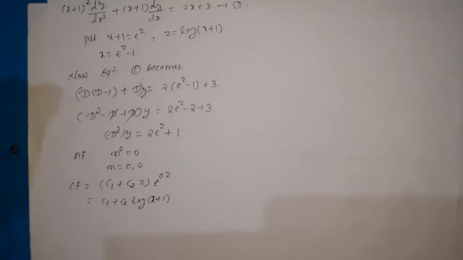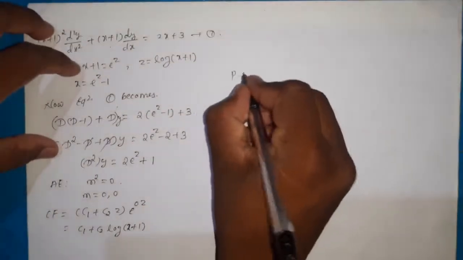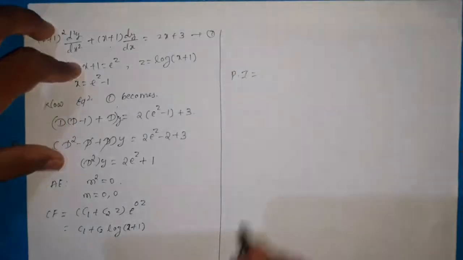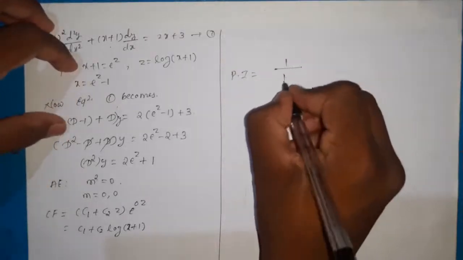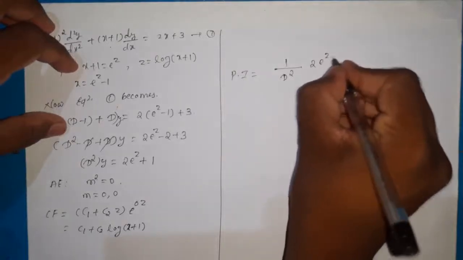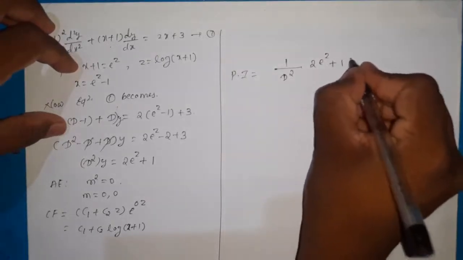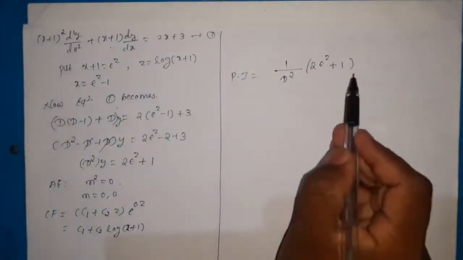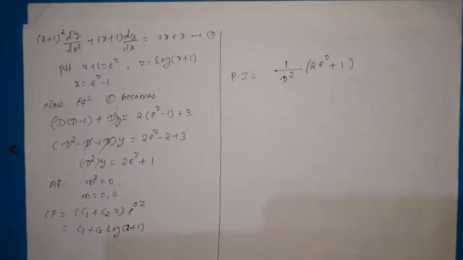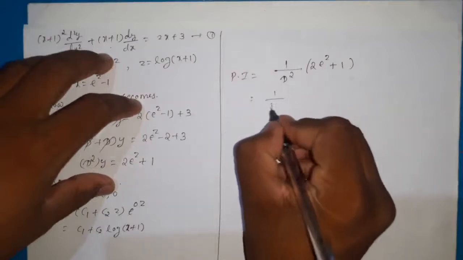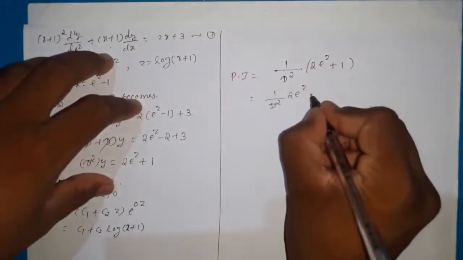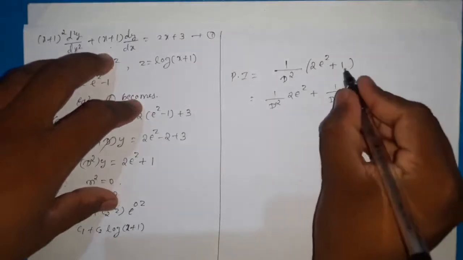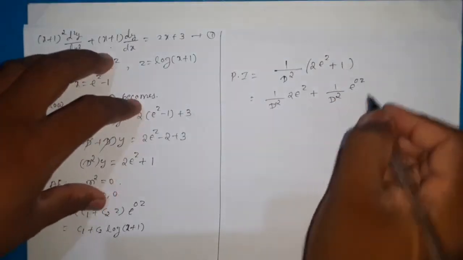Then now particular integral is equal to 1 divided by f of d, that is d square, 2 e power z plus 1, right? Now here we have two functions on RHS, so therefore here we need to separate the denominator, then it is 1 divided by d square into 2 e power z plus 1 by d square, this one can be written as e power 0z.